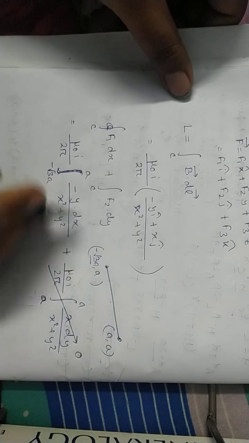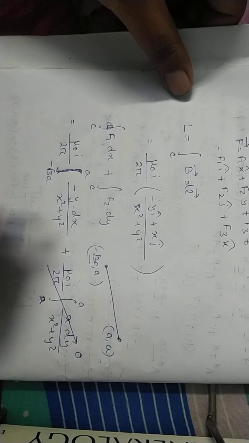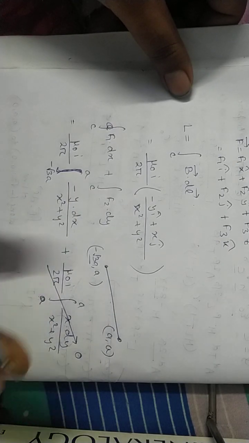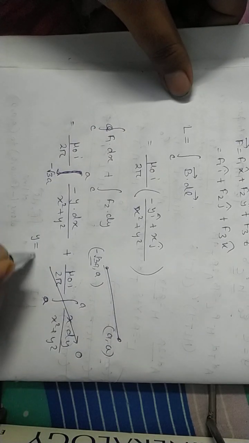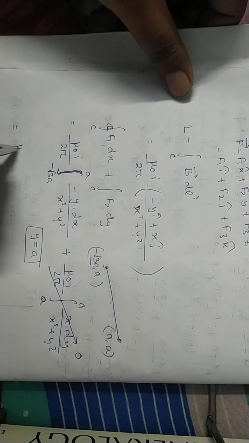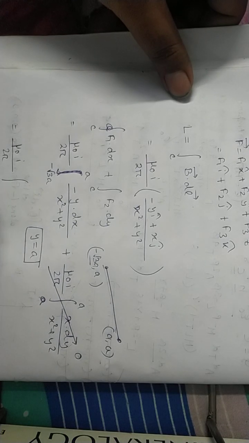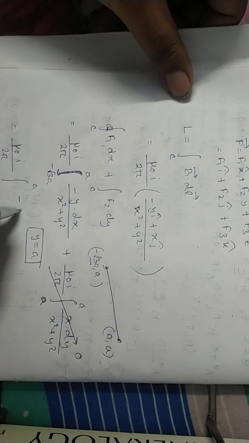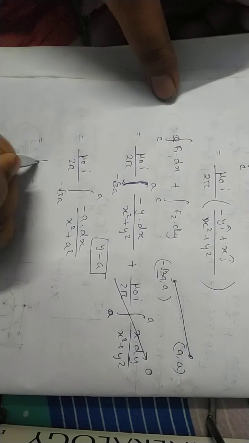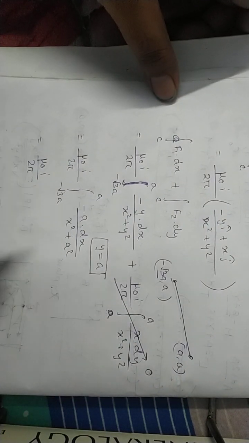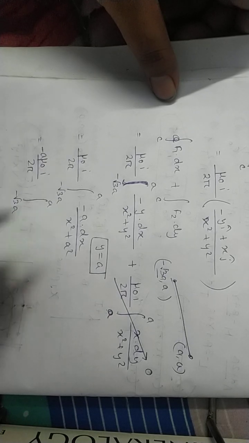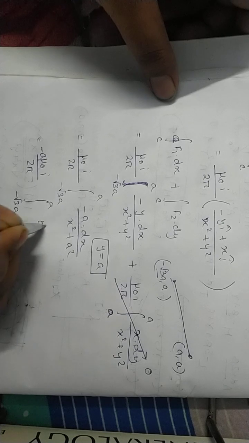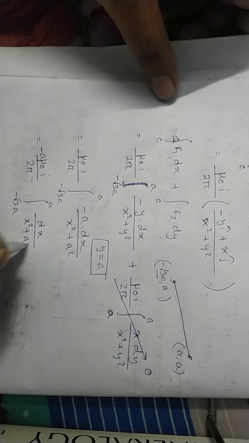This is an integral in a variable, but think of the whole process: y is a. So we have mu naught I by 2 pi, integral from minus root 3 a to a of minus a dx over x square plus a square. That gives mu naught I by 2 pi, minus a, and here comes dx by x square plus a square.